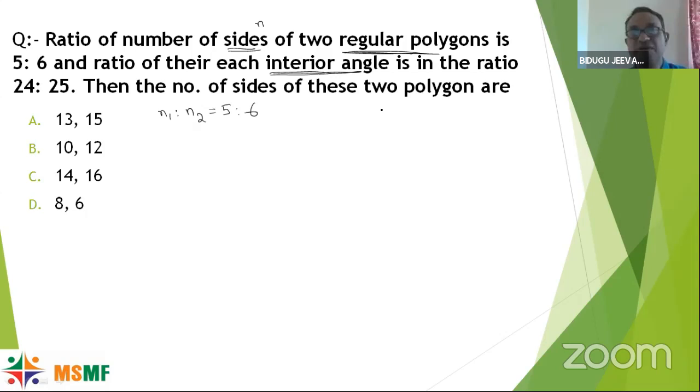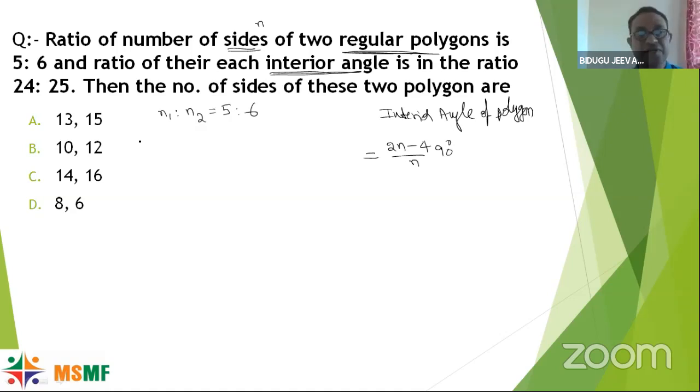The formula for interior angle of a polygon is equal to (2n minus 4) by n into 90 degrees. So the ratio is (2n1 minus 4) by n1 into 90 degrees to (2n2 minus 4) by n2 into 90 degrees. This is nothing but 24 is to 25.